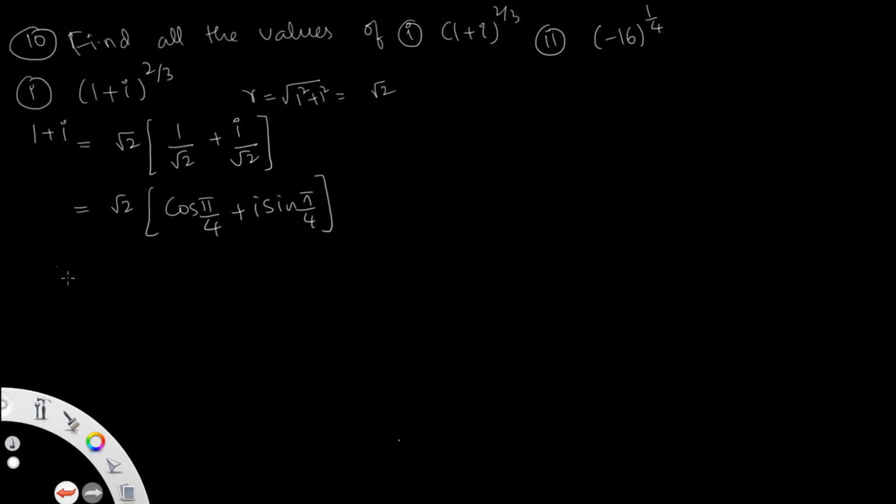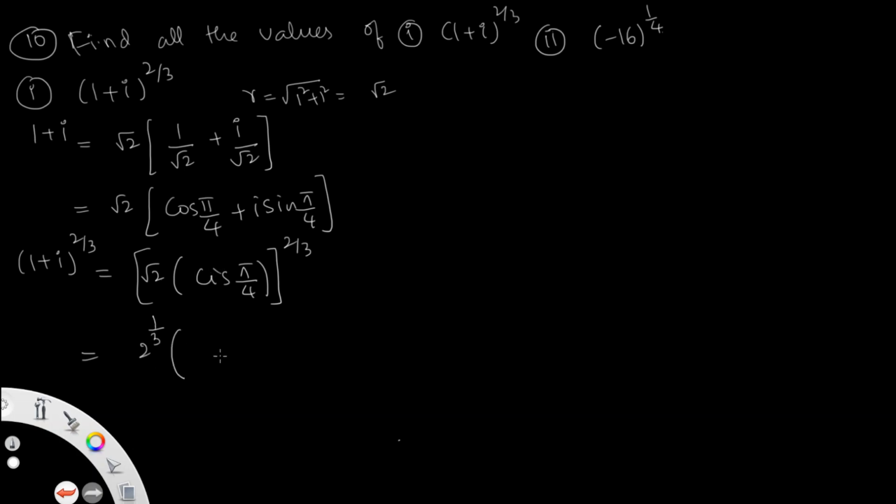Then go to (1 plus i) whole to the power of 2 by 3. That is nothing but (root 2 into cis pi by 4) whole to the power of 2 by 3. So 2 to the power of 2 by 3, where root 2 is nothing but 2 to the power of half, so the 2 gets cancelled and you get 2 to the power of 1 by 3.